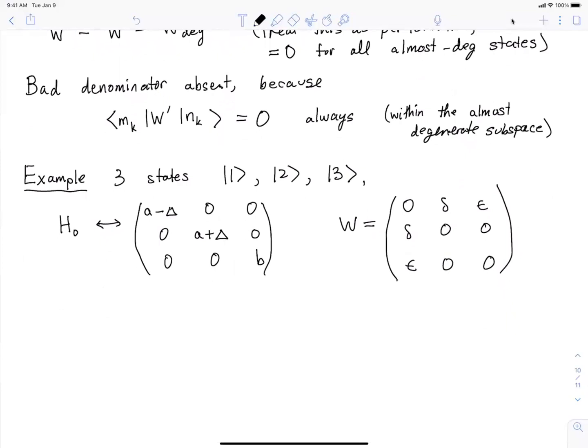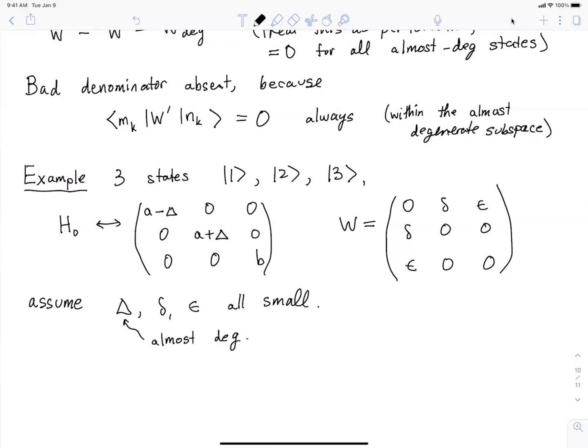Okay, and so we're assuming that A and B are nice large numbers and they're not too close to each other, but capital delta, little delta, and epsilon are all small. And the fact that capital delta is small is what's telling us this is almost degenerate perturbation theory, or that we're going to need almost degenerate perturbation theory.